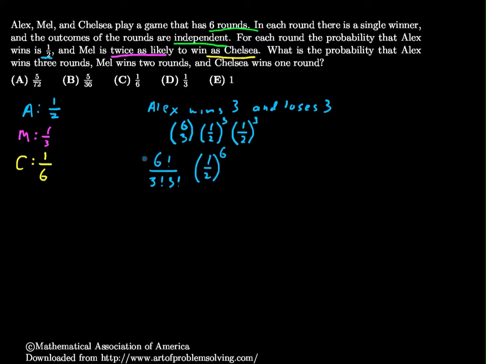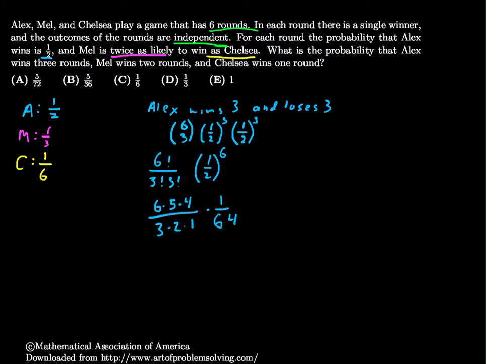Now this 6 factorial and this 3 factorial somewhat cancel, so I have 6 times 5 times 4, but the 3 times 2 times 1 cancel. This 3 factorial is still left. And this 1/2 to the 6th is going to be 1 over 64.